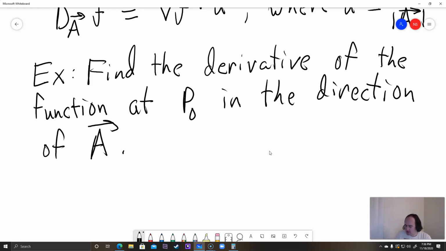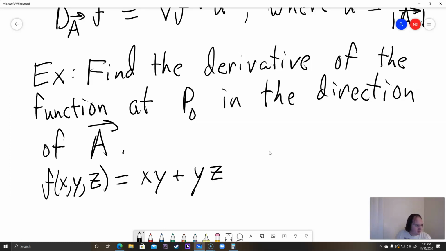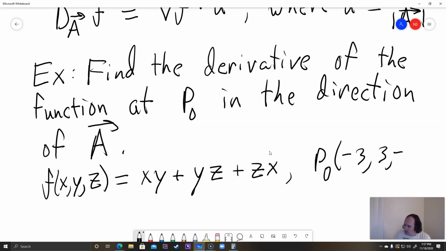They're telling us that our function f of x comma y comma z equals xy plus yz plus zx, where our point p naught, the point that we're going to be plugging in at the very end of the problem, is negative 3, comma 3, comma negative 2.